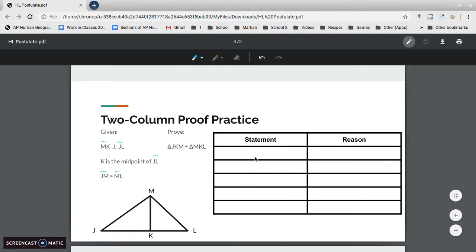Well, let's do the statements. Remember, first we just restate the given. So it's given that segment MK is perpendicular to JL. We can actually draw that in the triangle.